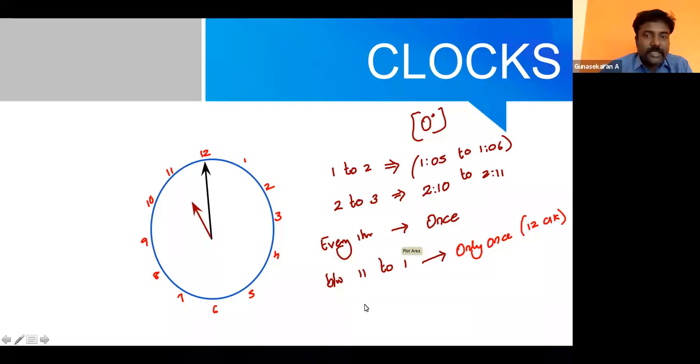Clear? Between 11 to 1, actually it has to happen 2 times. But at 11:55 it will move towards 12. So at 12 o'clock, between 11 to 12 also 12, 12 to 1 also 12. That's the logic we are trying to derive. So every 12 hours, how many times?